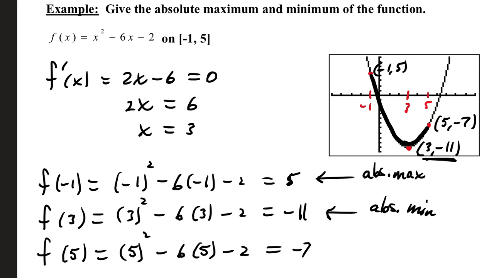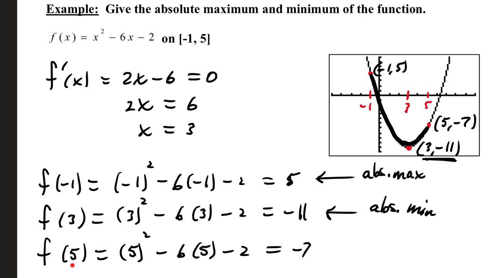Substituting in -1 gives us a value of 5, and so remember, -1, 5 has to be a point on the graph. We substitute 3, and our answer is -11, so 3, -11 is another point on the graph.